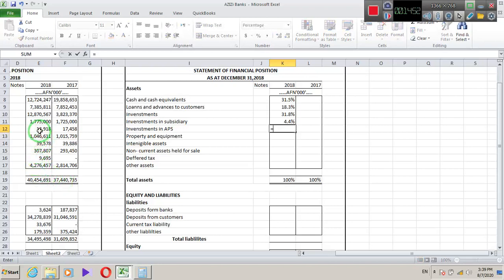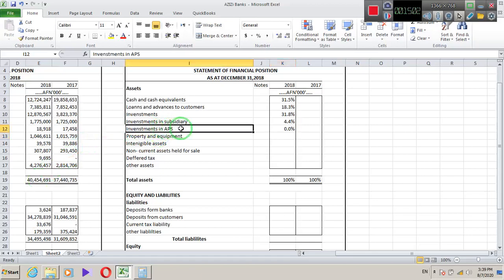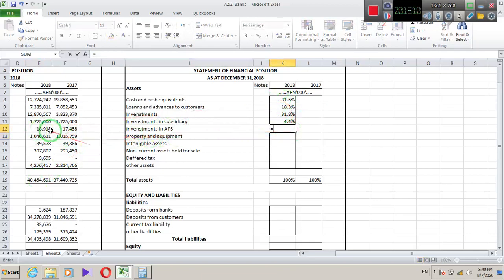Investment in APS will be equal to 0.0%. Why is this 0.0%? Its exact value is equal to this divided by this, $18,918.